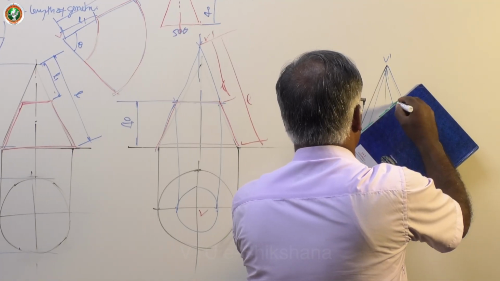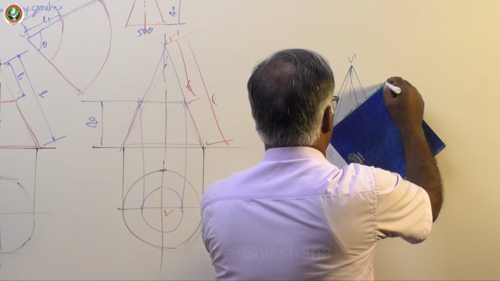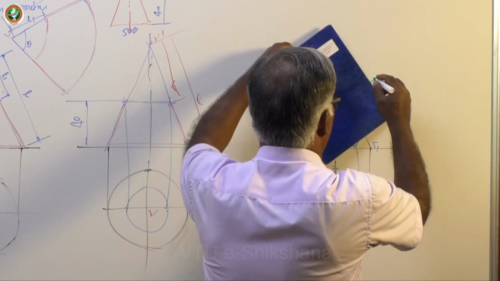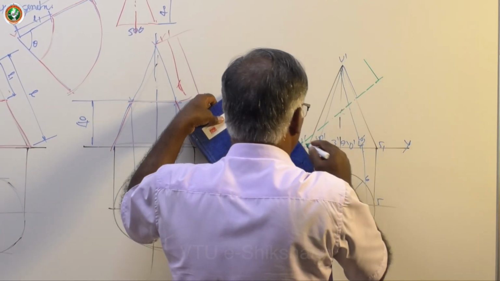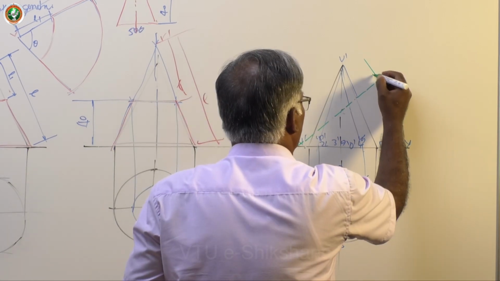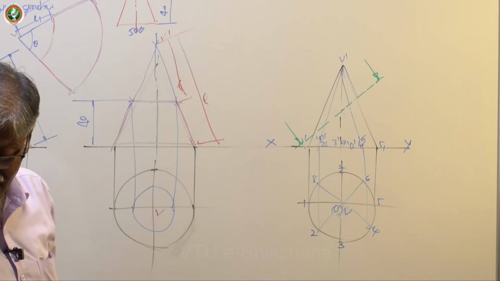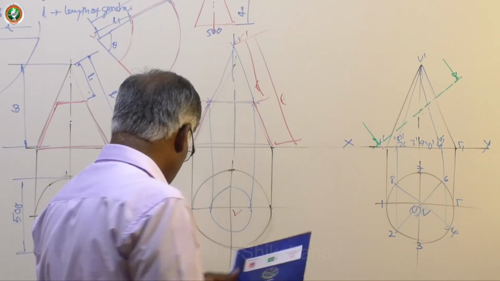Assume that the section plane is only cutting or intersecting the generators, not the base point. We will discuss that also in future. Now, the portion retained after taking section is this.